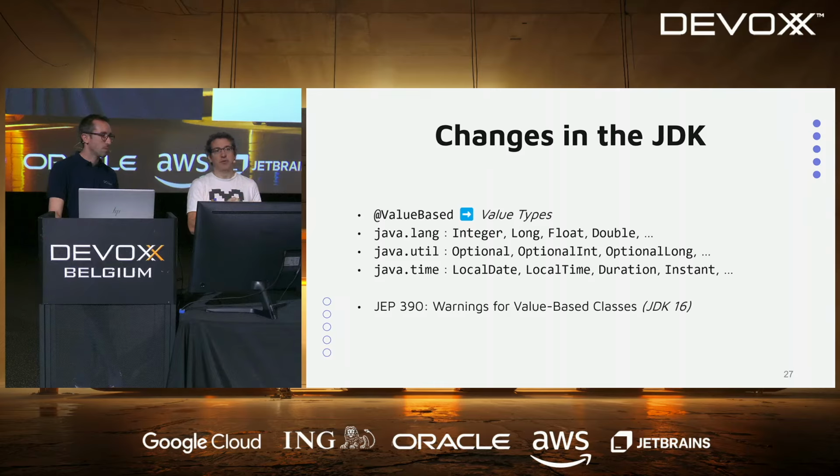We have seen that equals equals changes, and if you are using synchronize on an integer, soon it will not work anymore. If you are synchronizing on an integer, I know that some of you have done this, soon it will not work anymore. So read the warnings. Don't ignore them. But it's JDK 16, so you have to use a fairly recent JDK to see the warning.